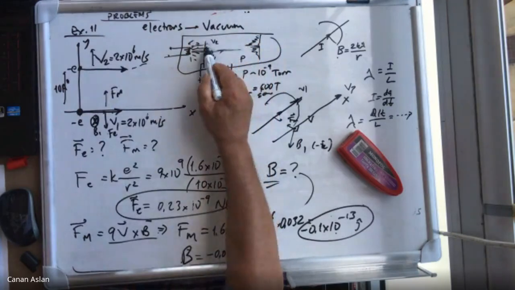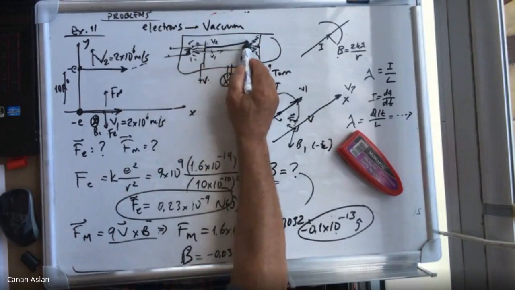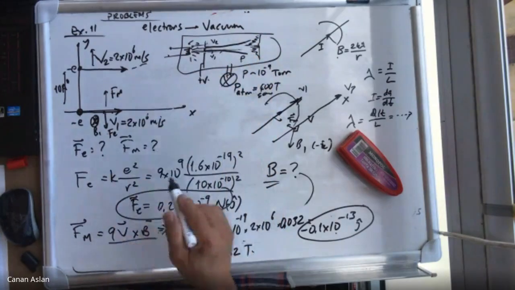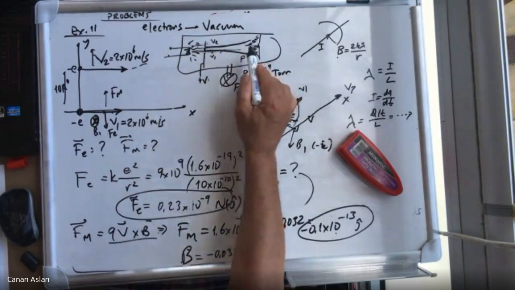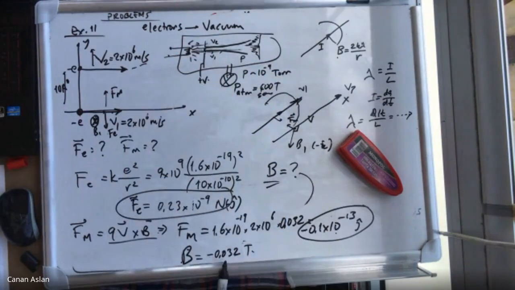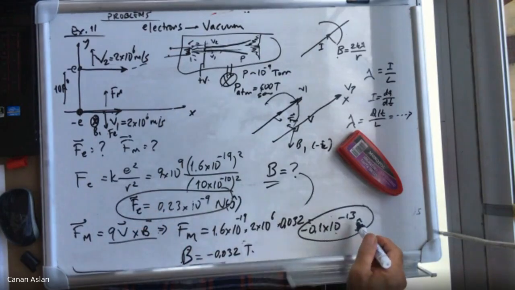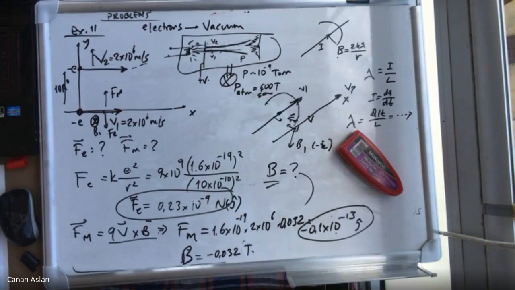When they pass through these holes, they will probably move away from each other due to the difference in the electric and magnetic forces. If they were the same, they would move in parallel, but they are not. The magnetic force is way smaller than that one. How many orders of magnitude? Probably about 4 orders of magnitude, 10,000 times smaller.